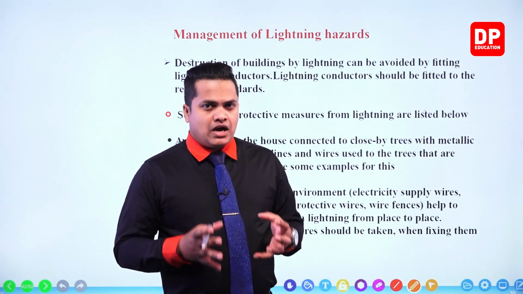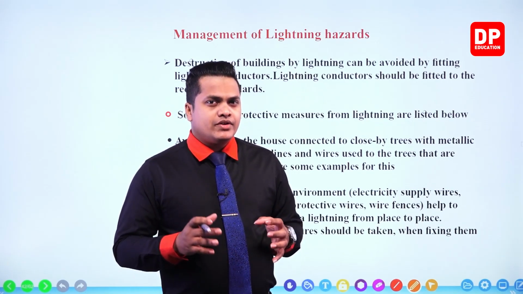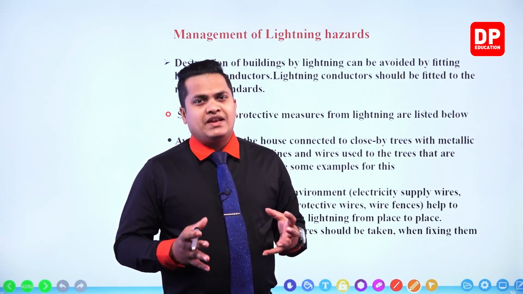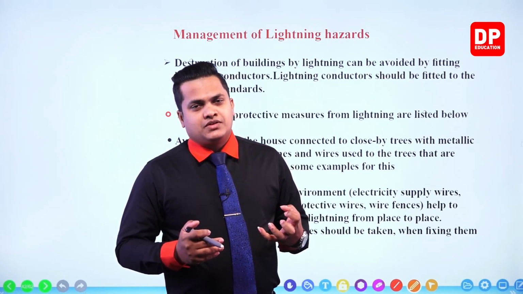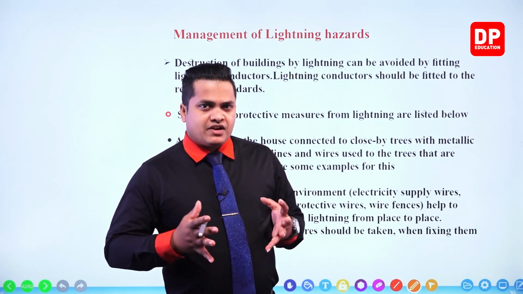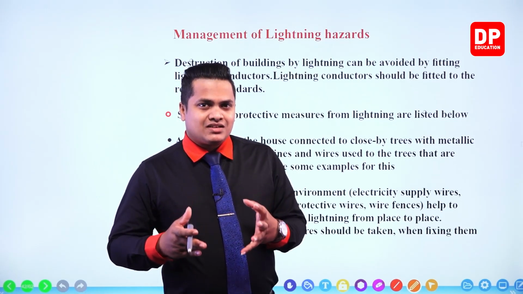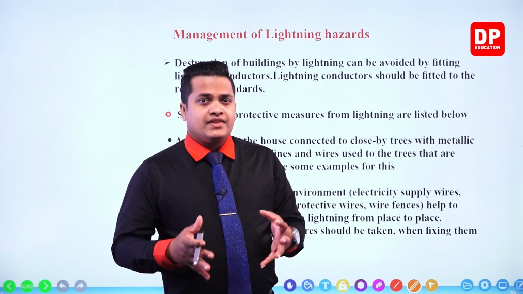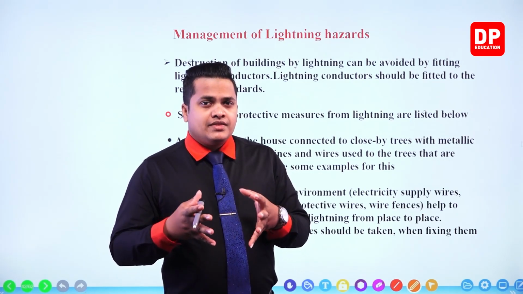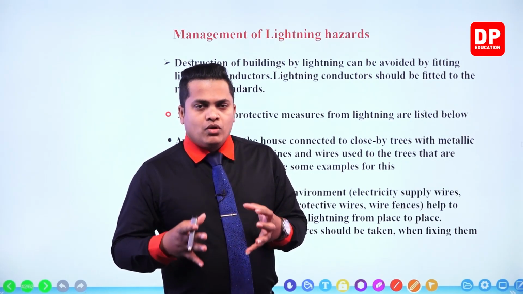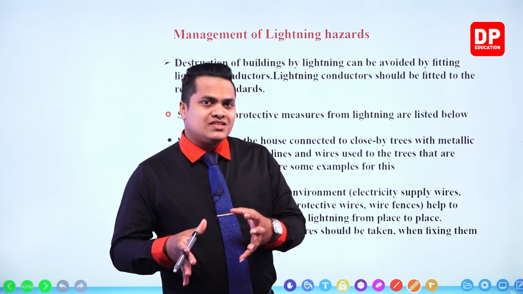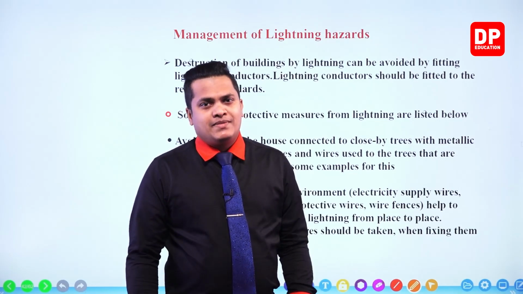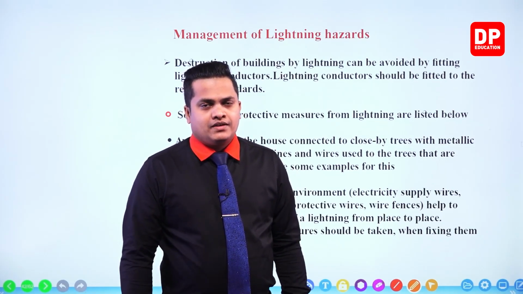So, by planting a lightning conductor, which is made of metal, on a certain building, instead of traveling towards the concrete and other walls, this lightning stroke will tend to travel towards the lightning conductor, because it is made of metal.